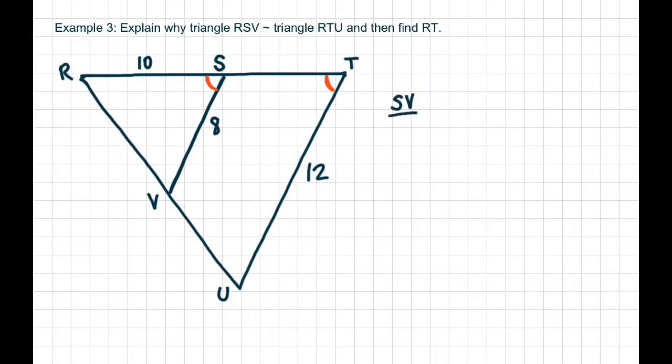So SV is 8, TU is 12, and I can probably reduce that down to, this would reduce down to 3 over, oops, that's wrong, 2 over 3.